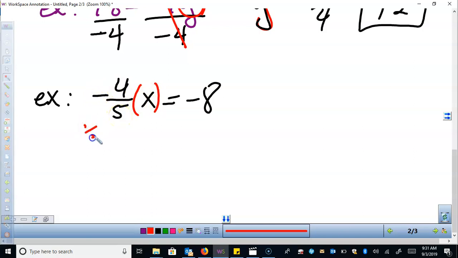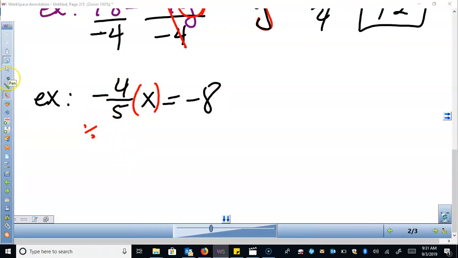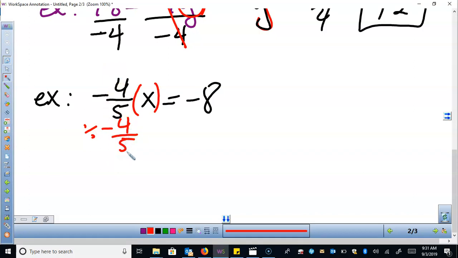So again, we're going to use the division property here, and we're going to divide by -4/5 in order to undo it. So what we do to one side, we do to the other. That's what the division property of equality says.